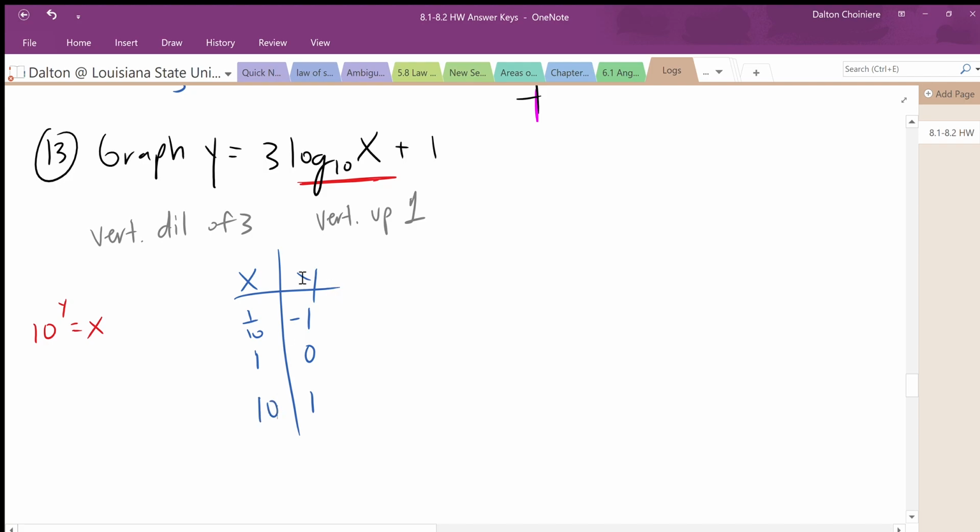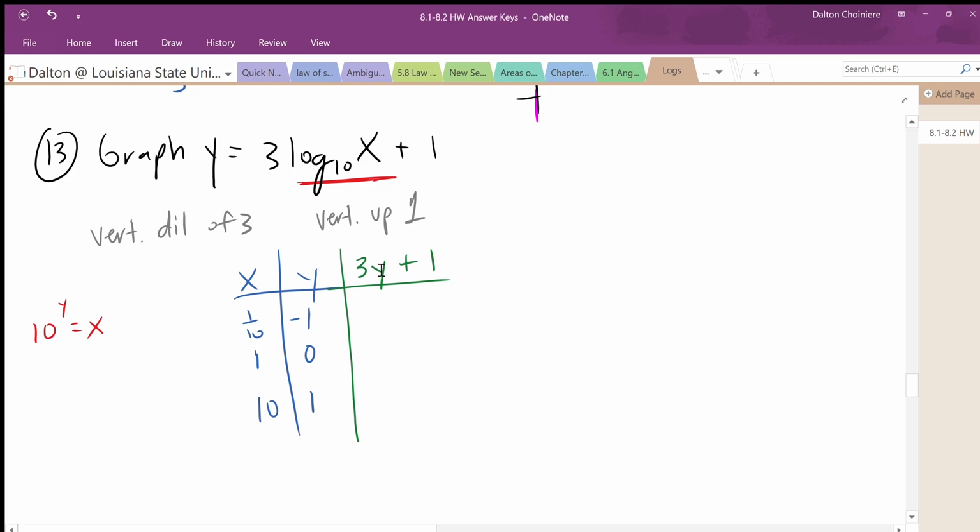So this doesn't affect the x and the y. However, both of our transformations deal directly with the y values. So these y values technically aren't what we need to be plugging in. We need to dilate these y values by 3 and then add 1 to them. So we're going to make a third column with 3y plus 1, and use this expression with these values.